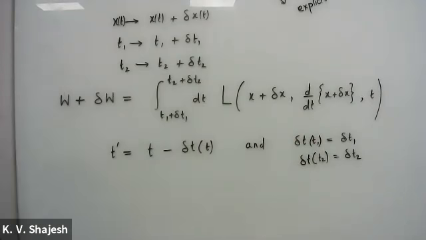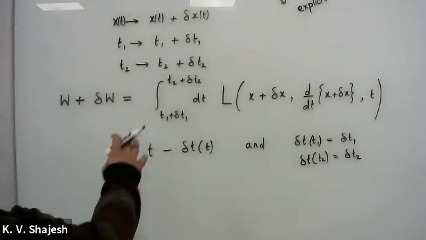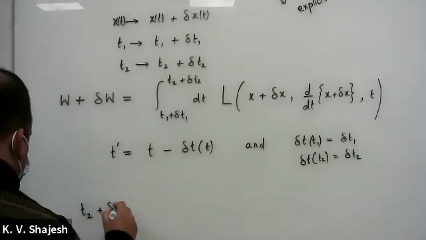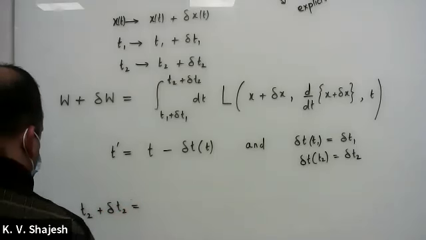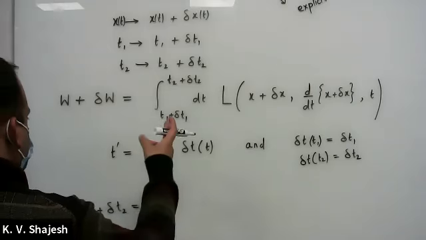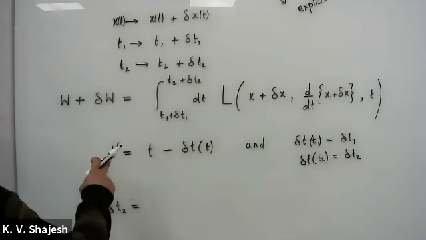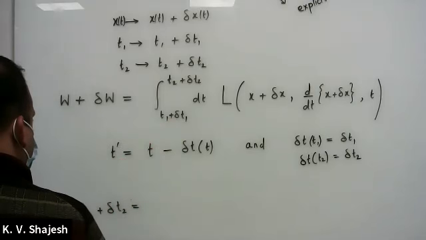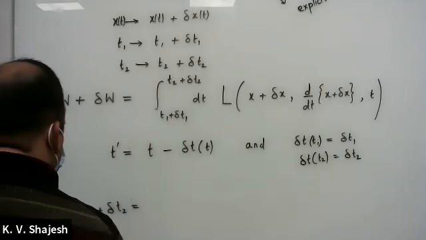So let me do all these changes separately. What is the limit T2 plus delta T2? That's the upper limit. This is in t prime, right? So what happens to T2 plus delta T2 when I substitute it in here?